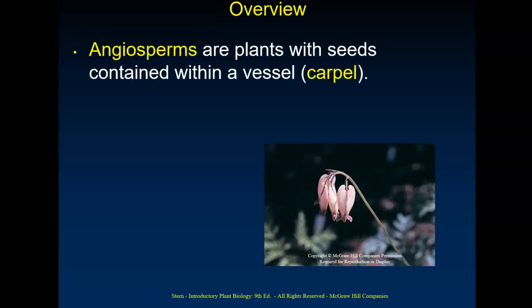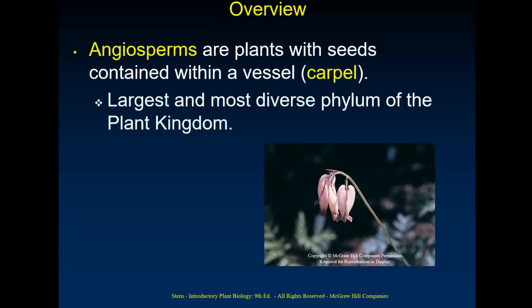All right, so the angiosperms are the ones that have the flowers and they produce seeds that are inside of the carpels. This is the largest and the absolutely most diverse phylum of the plant kingdom. We think there are over 280,000 different angiosperms.